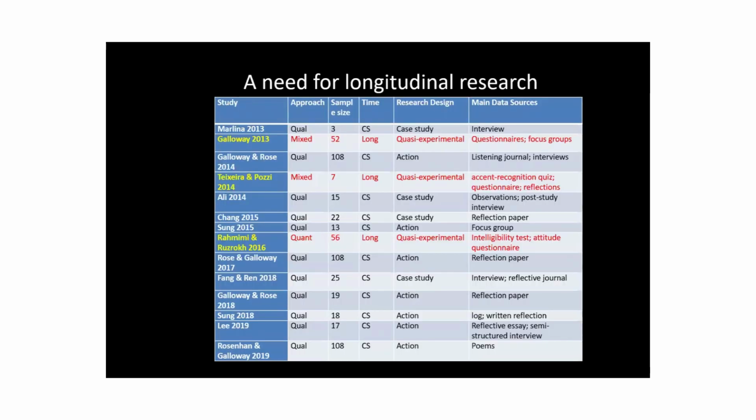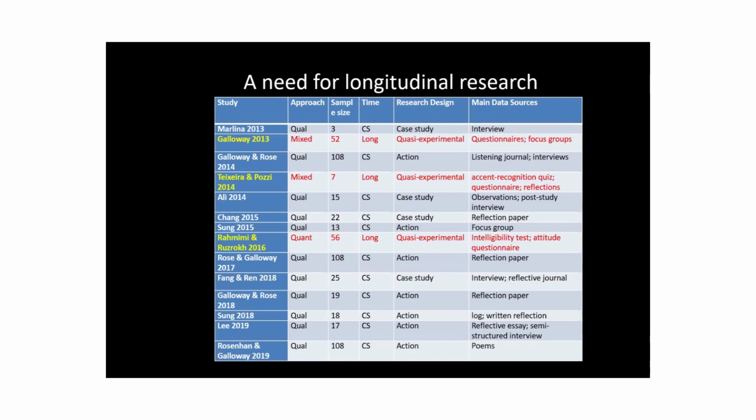And so what I mean by this need for longitudinal research, if we just look at the sample of classroom-based research, the longitudinal ones are highlighted in red. And so we can see that the majority of studies haven't really adopted this.